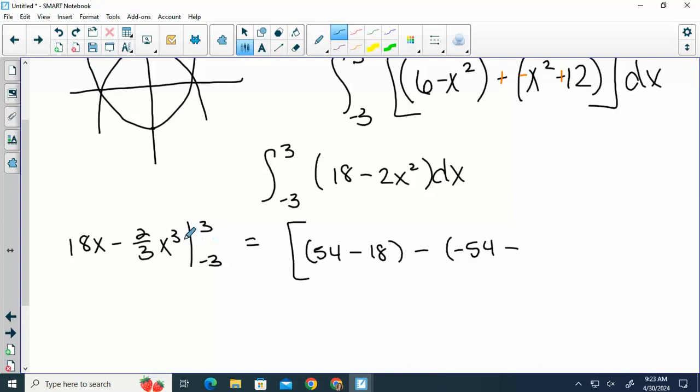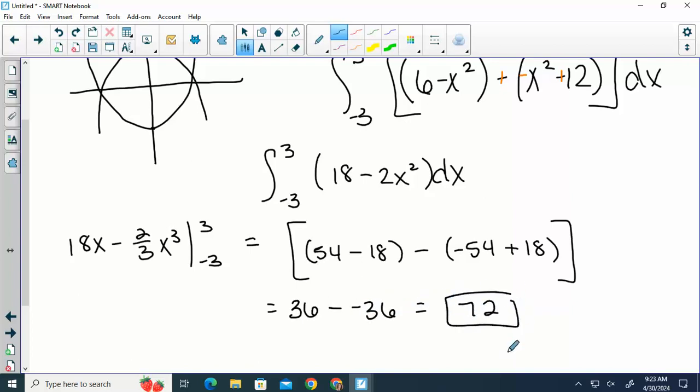Negative 3 to the third is a negative 27, so 2 negatives make a positive. That'll be an 18. Alright, so we get 54 minus 18 is 36, minus negative 36, which gives us 72.